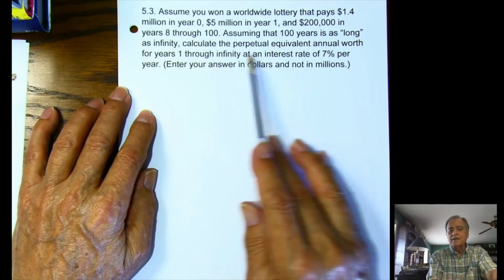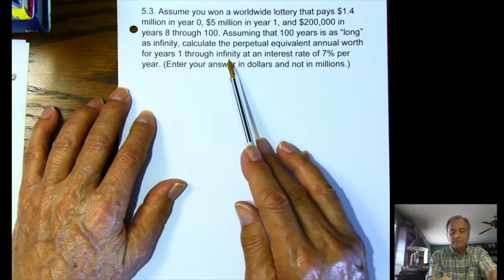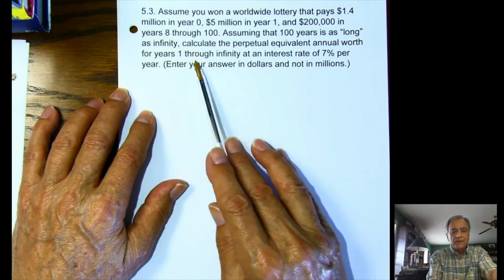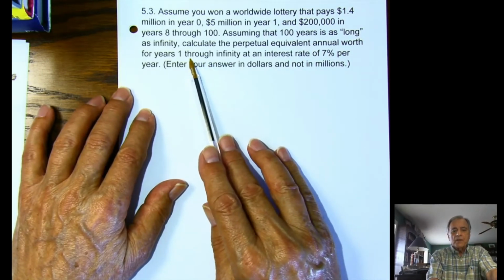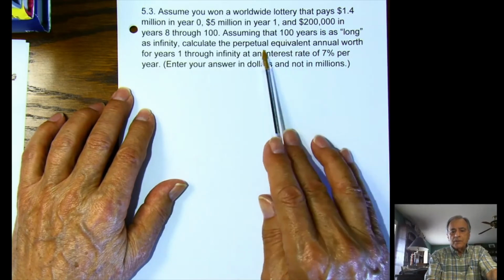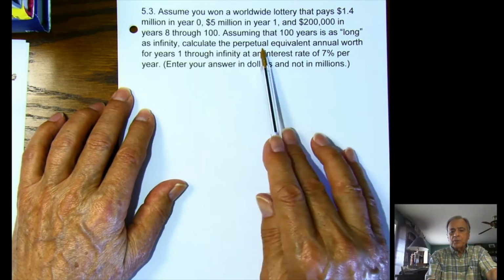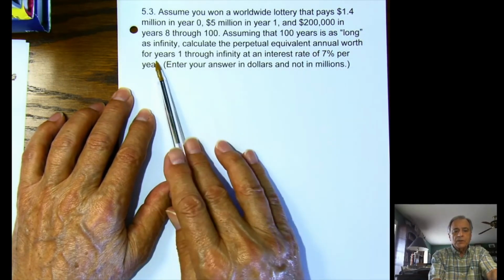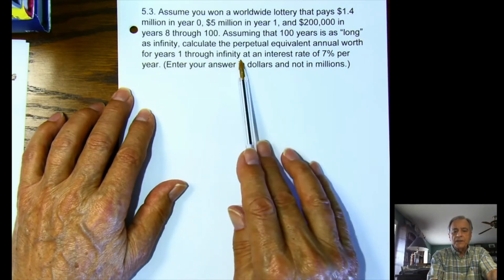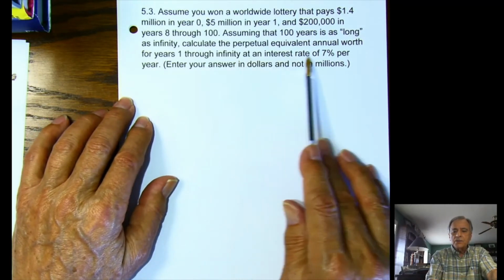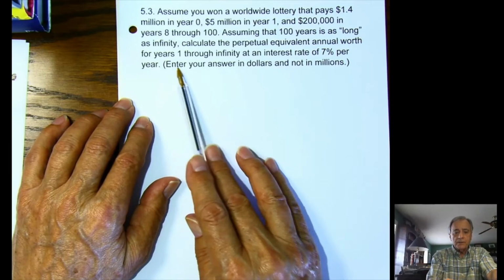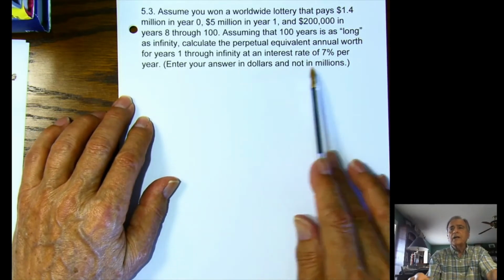For all practical purposes, it would be very, very little difference. Calculate the perpetual annual worth for years 1 through infinity at an interest rate of 7% per year. And use dollars, not millions.